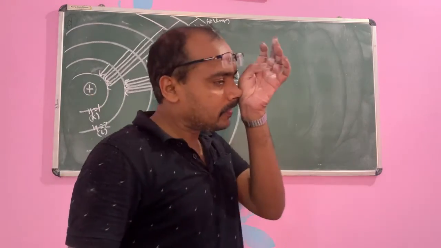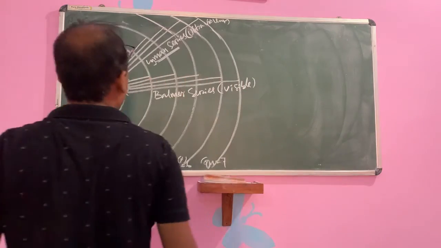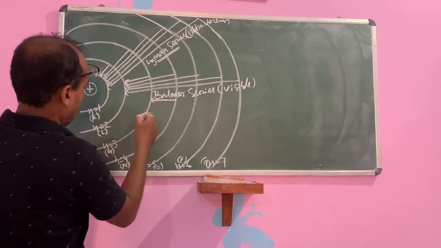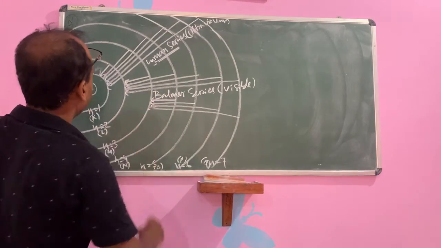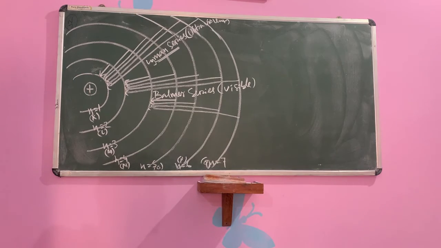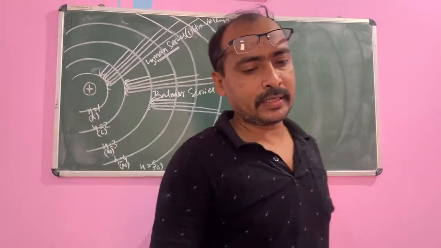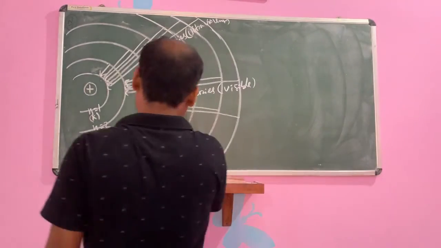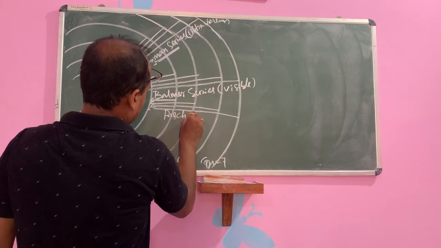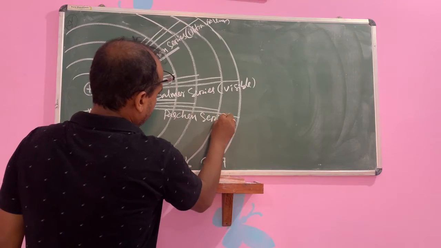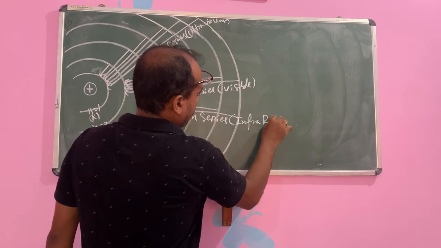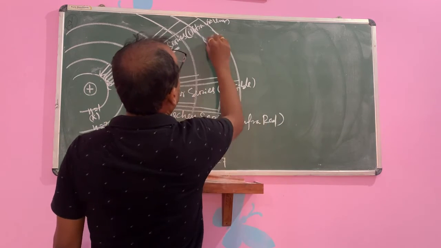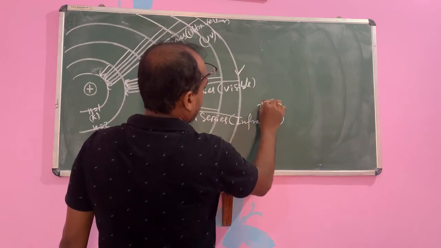Then similarly, you can draw 2M. Okay, children, this is your Lyman series, Balmer series. Then the Paschen series, P-A-S-C-H-E-N. That is your infrared zone, that is IR. This is your UV, this is your visible, this is your IR.